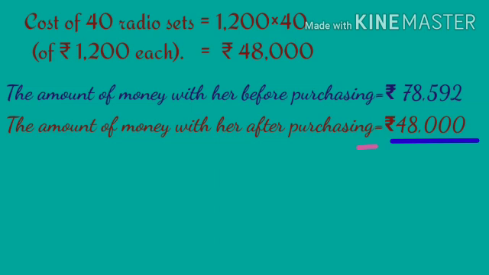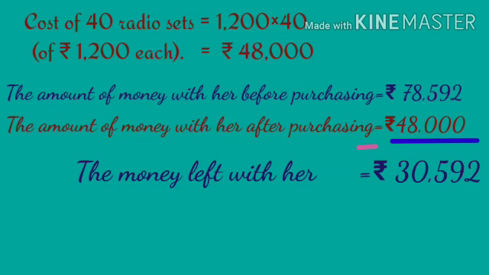Once we subtract properly, we will get the difference as 30,492 rupees. So, this 30,492 rupees is the money which is left with her after purchasing 40 radio sets at the price of 1200 rupees each.